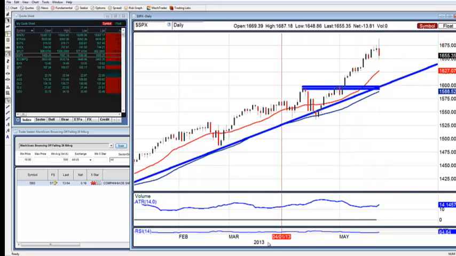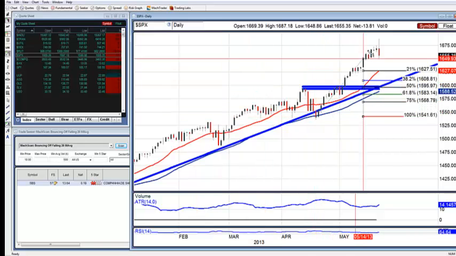But I did want to bring up one last way you can identify where support and resistance is, and that is a Fibonacci retracement. A Fibonacci retracement is a wonderful way and a very strong way to determine where a support level will form if in fact this is a nice little retracement. What I'm going to do is I'm going to click on my Fibonacci tool over here on the left hand side of Mock Trader.